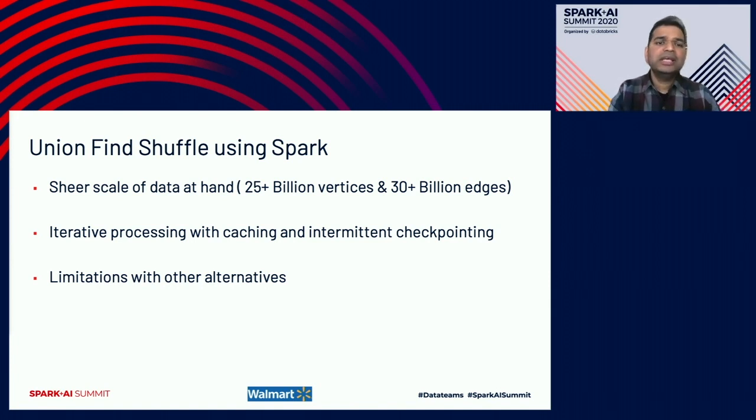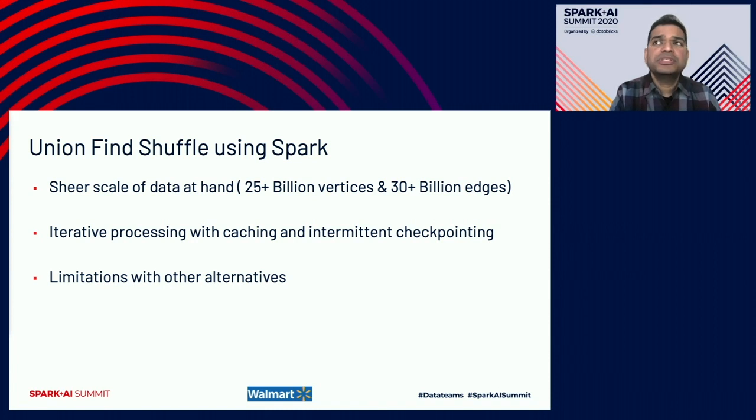In this slide, we will talk a little bit about how we implemented union find shuffle using features of Spark. As you have seen, all the way from creating multiple partitions to the shuffle iterations, there is a significant amount of data processing and data transfer that happens. Spark has provided a great abstraction for us to be able to do this with bulk synchronous processing, to scale to 25, 30 billion scale. The second part is the shuffle and the termination condition steps.